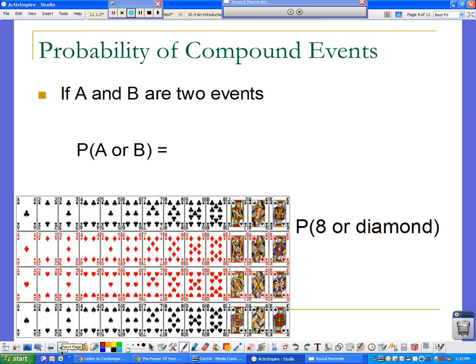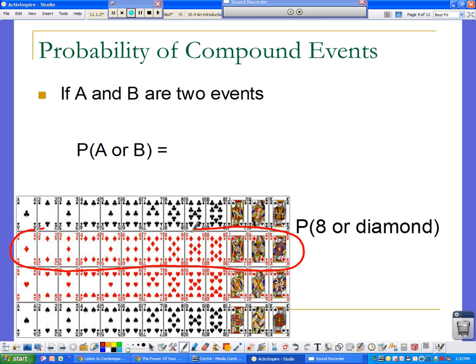So let's look at the example before we look at the probability of A or B. This is the probability of compound events, 2 events happening. So in other words, I want to know the probability of getting an 8 or a diamond. Okay. So there's that word "or" again. Well, if I wanted an 8 or a diamond, here are all my diamonds.